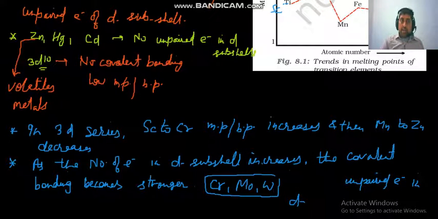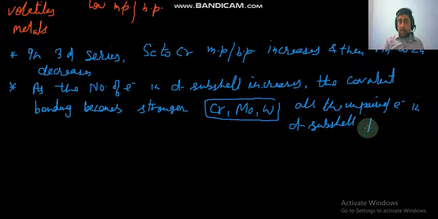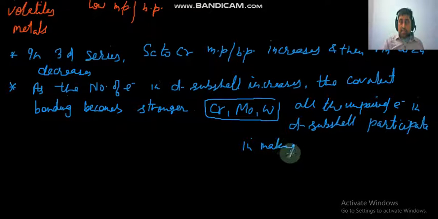So I should say all the unpaired electrons in the d subshell participate in making covalent bonds.